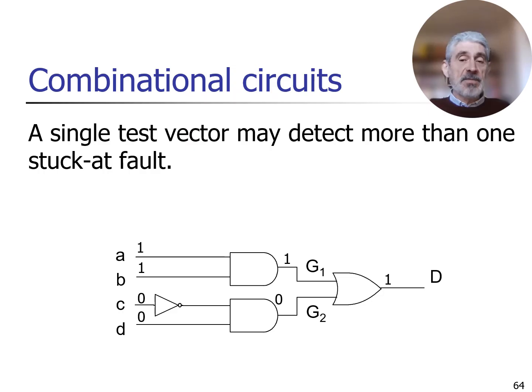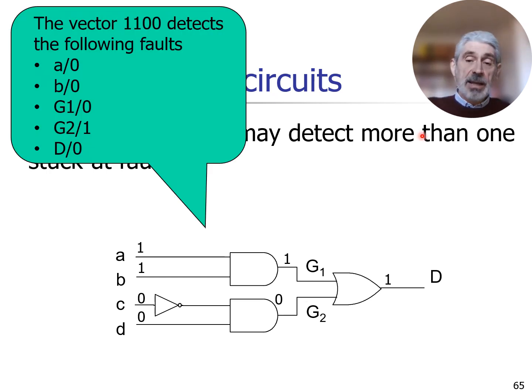Now, an important observation is the following. A single test vector may detect more than one stuck-at fault. So, for example, this input vector, 1100, is able to detect quite a number of stuck-at faults inside.